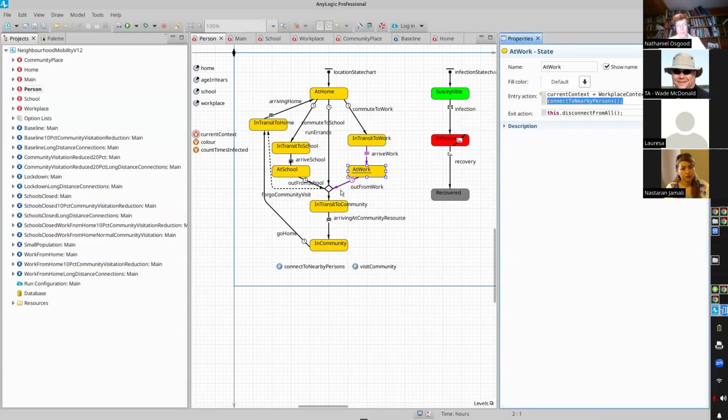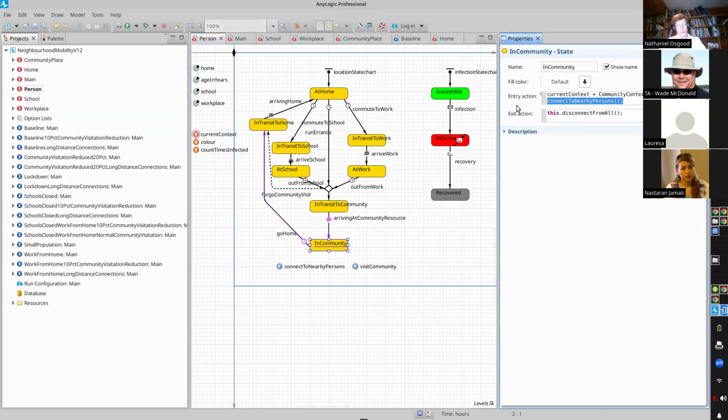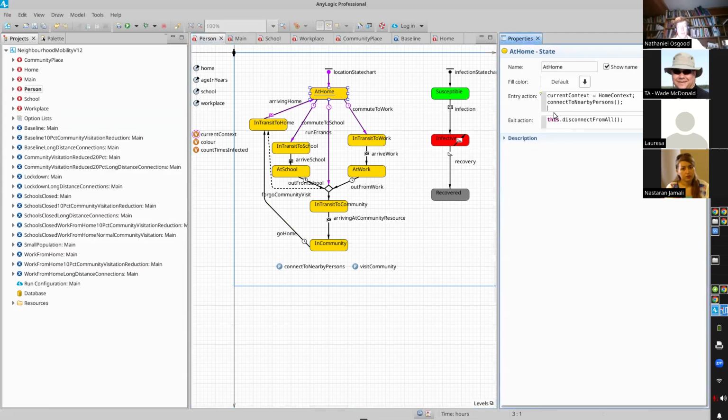When they leave work, they disconnect from them and they can go and visit the community, and if they go to some store, some restaurant or whatever, they'll connect to people there and they'll disconnect when leaving it. And then when they get home, they'll connect to nearby people and then they'll leave afterwards. Okay.